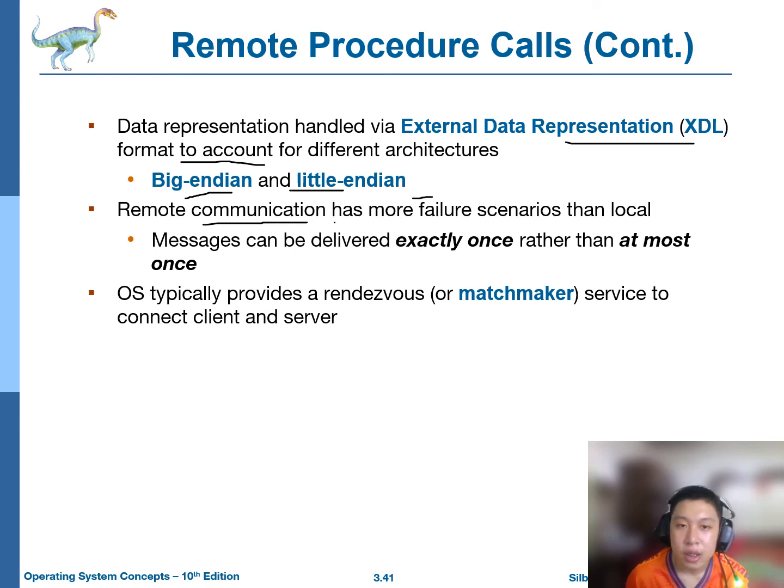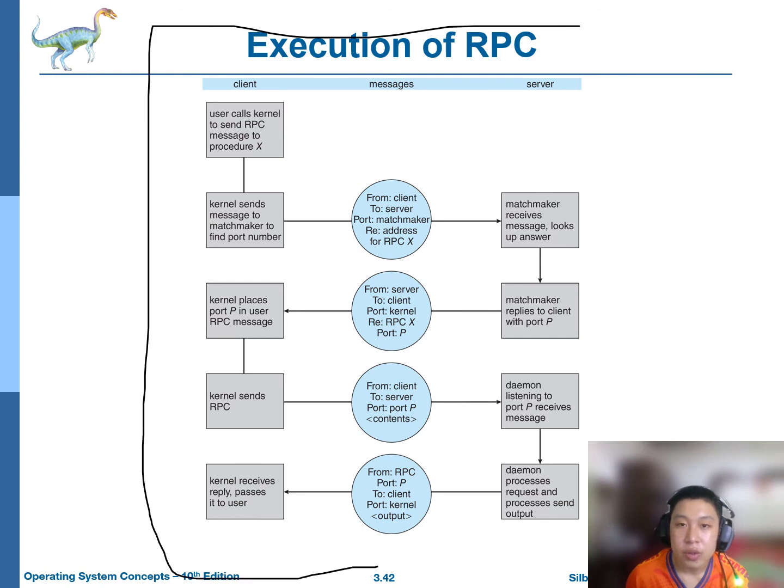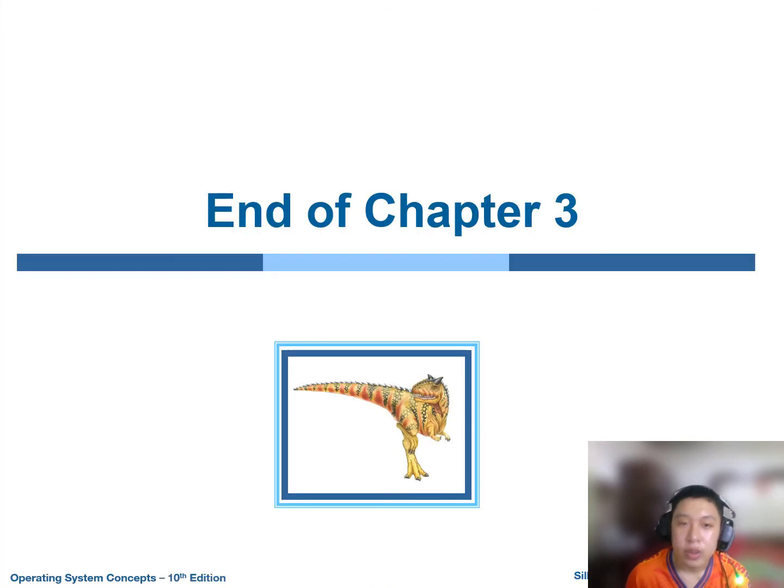Remote communication has more failure scenarios than local, so messages must be delivered exactly once rather than at most once. The OS typically provides a rendezvous service to connect client and server. Okay, this photo shows the execution of RPC. That is the end of chapter 3. Thank you, teacher, goodbye.